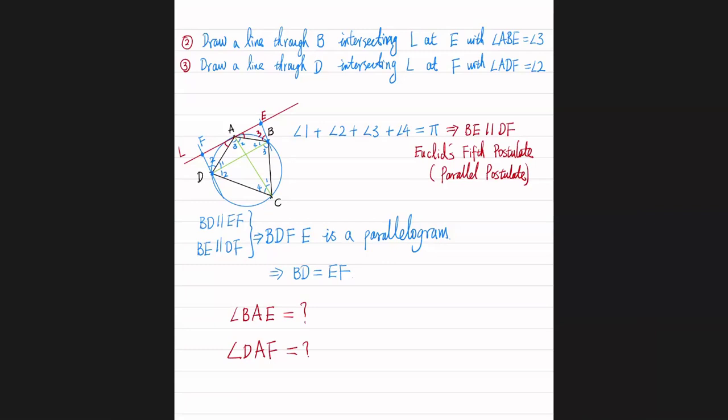What can we say about these two angles? BAE, DAF. Okay, Eric. They add up to be 90. Well, that's not what we want. BAE equals to angle 1, angle 2, angle 3, angle 4, angle 1 plus angle 2, which is?